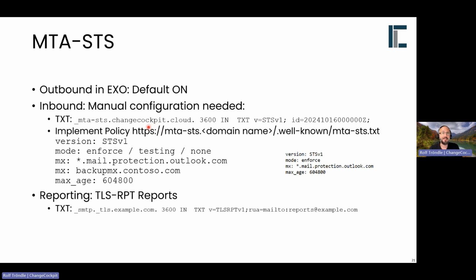And this means, first of all, you need to have a trusted public certificate to secure this, and it's always on this domain name. So if you want to use MTA STS for your domain, you will need to implement a policy file at this URL. This URL is not configurable. That's not possible because it's specified in the RFC and it's part of MTA STS.